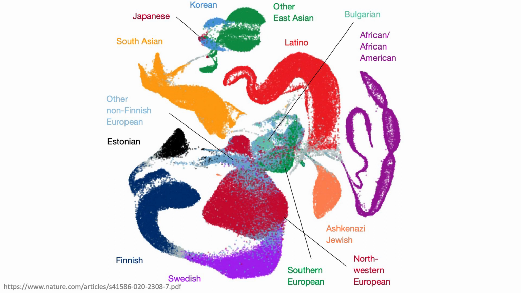For example, you see how they are related to each other. The orange is the South Asian, the purple is Swedish, then Finnish, Ashkenazi Jewish, Latino, Korean. Unfortunately, Middle Eastern is not well represented in this, but this will change, inshallah, in a couple of years when more data is poured into this database.